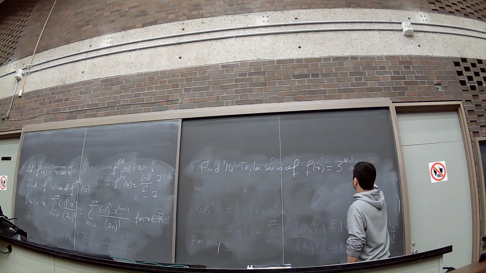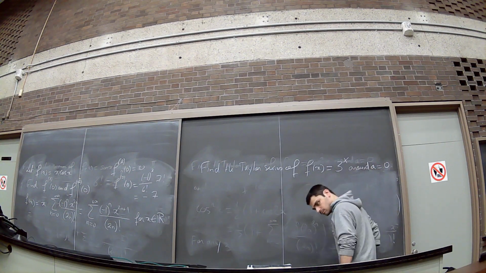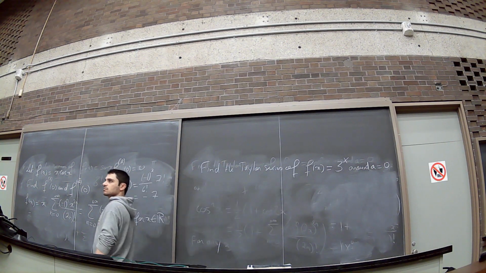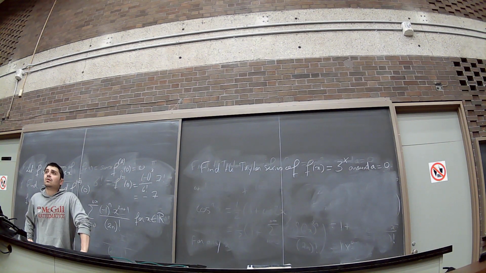Around... Three to the x around a equals 0. That's difficult, right? Maybe difficult.